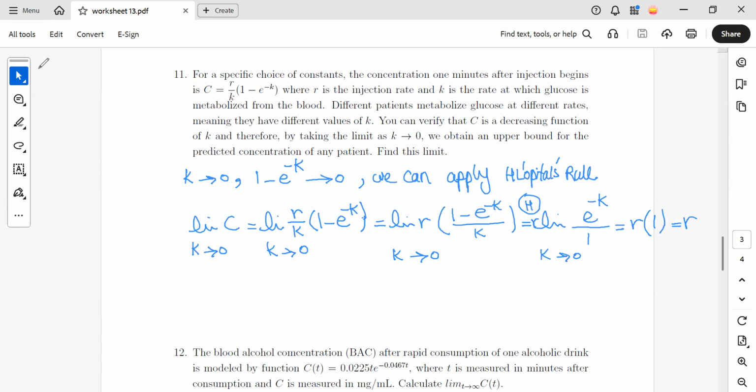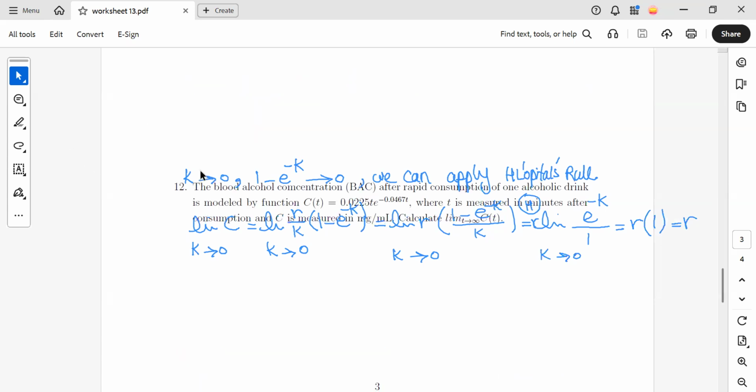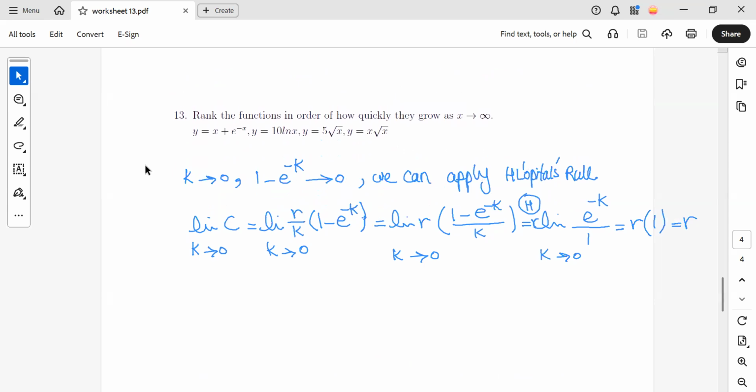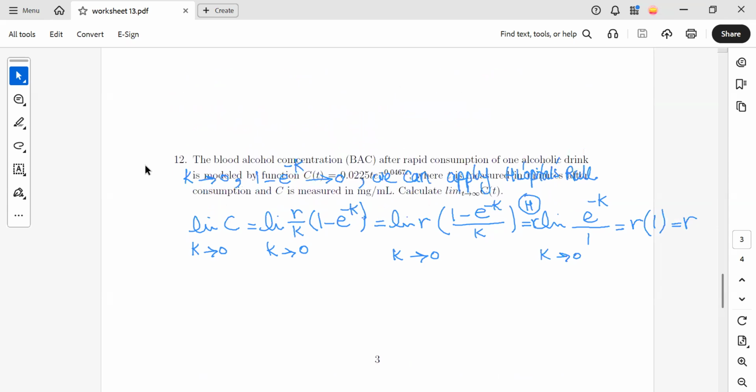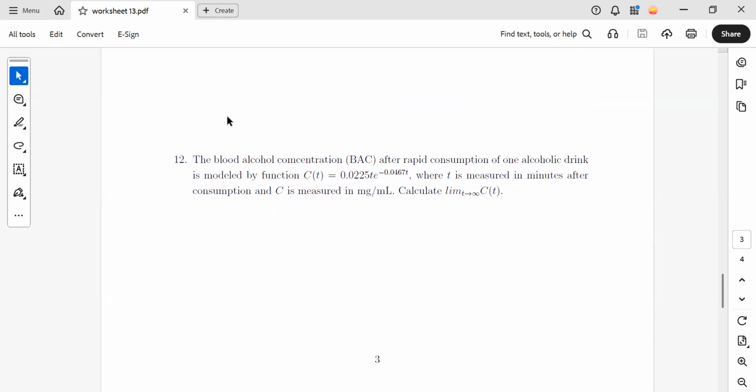Okay, we will move to the next one, number 12. Again, since it is a word problem, please pause the video and then after reading the question, listen to the solution.